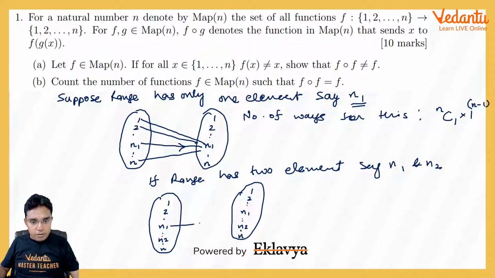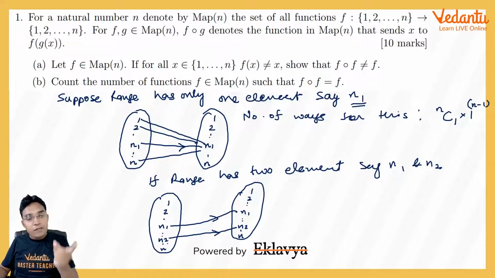So this n1 will be connected to n1, and this n2 will be connected to n2, with the same reasoning I gave you earlier. Now all the elements 1, 2, 3, and so on, other than n1 and n2, have to be connected with either n1 or n2. You can connect to any one of them.